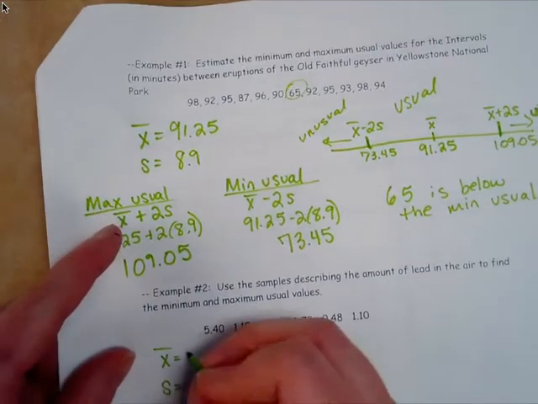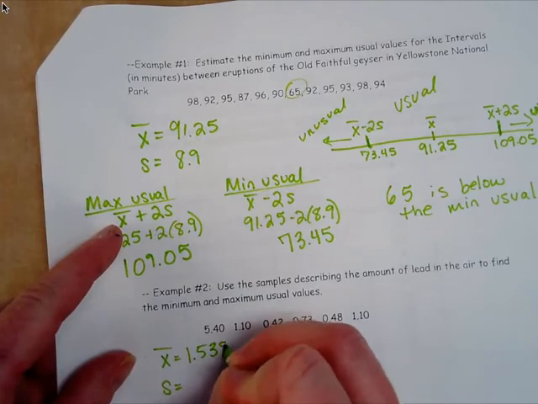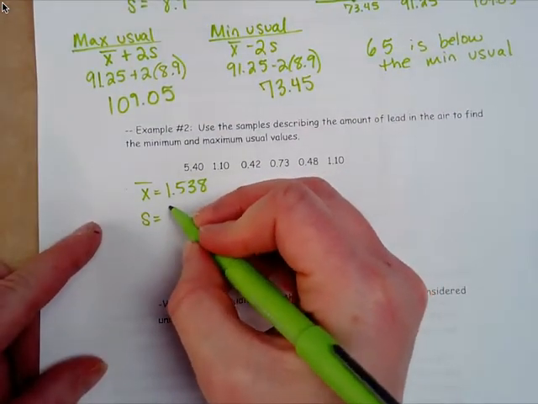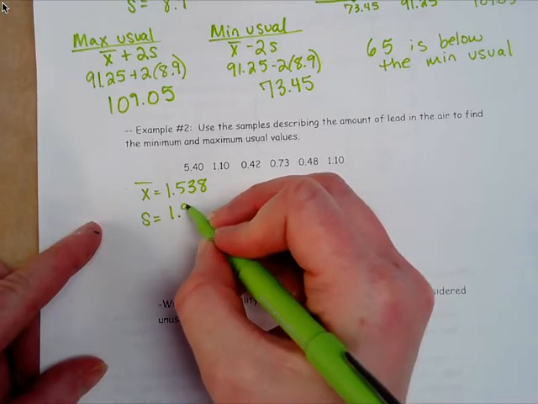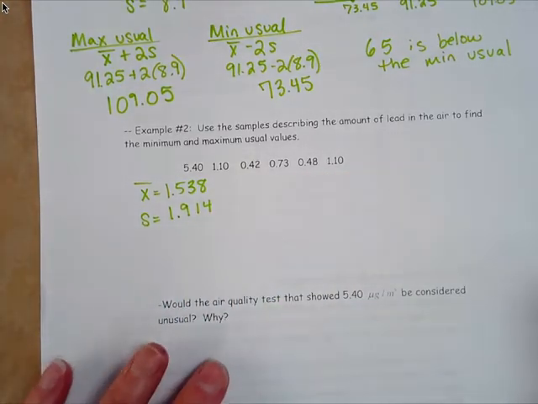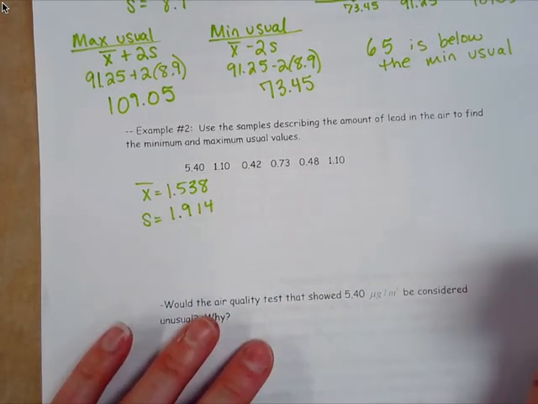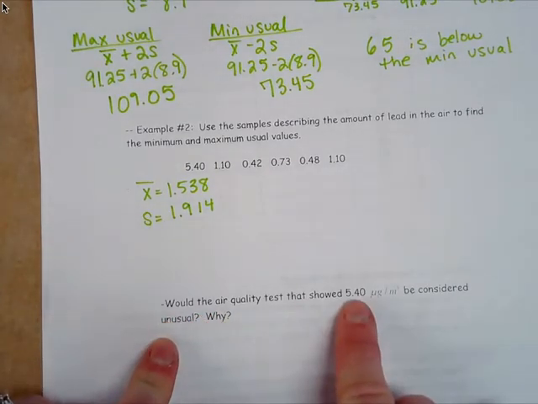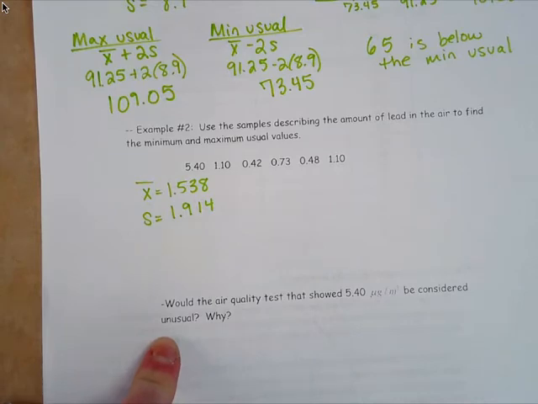X bar and standard deviation, 1 point 4. So let's find our max and our min usual and determine whether 5.4 is considered unusual or not.